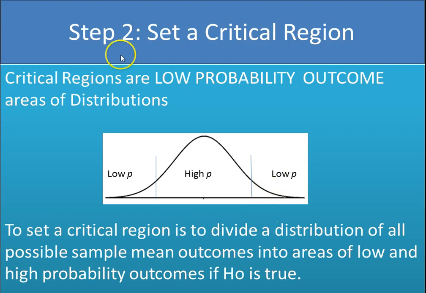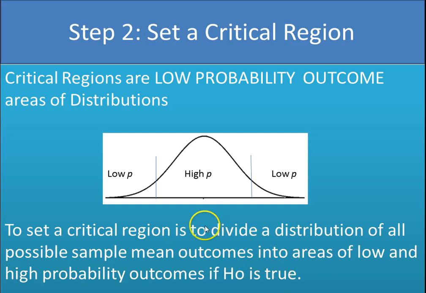So in order to complete step 2 and set a critical region, we would have to divide a distribution of all possible sample mean outcomes into areas of low and high probability outcomes if the null hypothesis H0 is true.